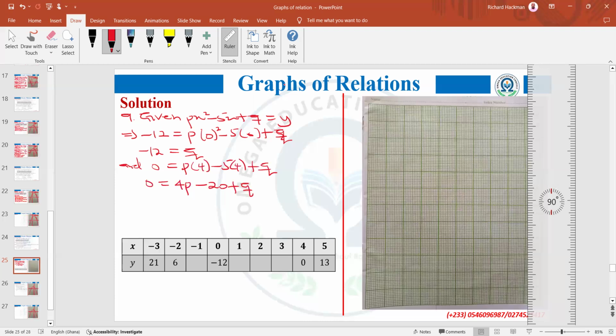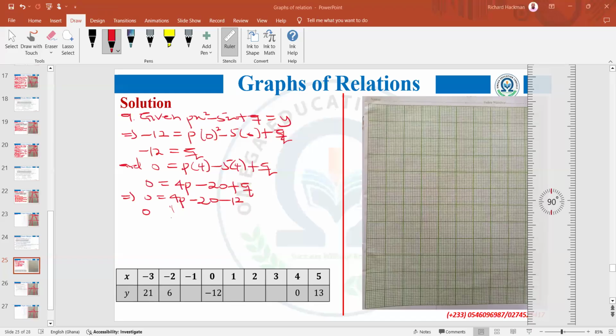Yes, please. Okay, so here is the case: you know q. So you go and substitute and you find that 0 will be equal to 4p, minus 20, then minus 12. So solve for p. I'm coming for you to give me the value of p. So you get 0 is equal to 4p minus what?